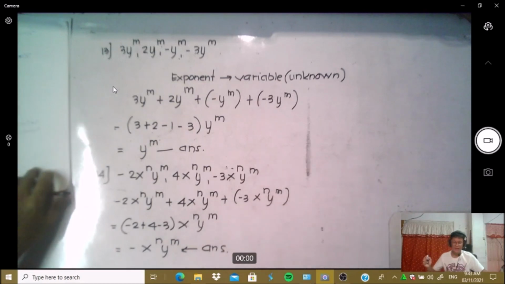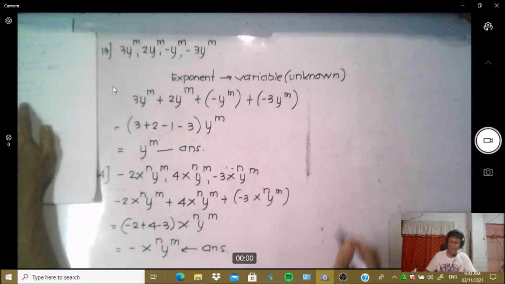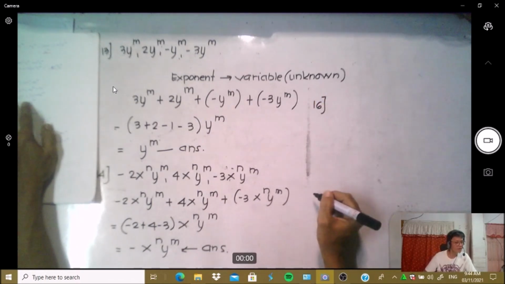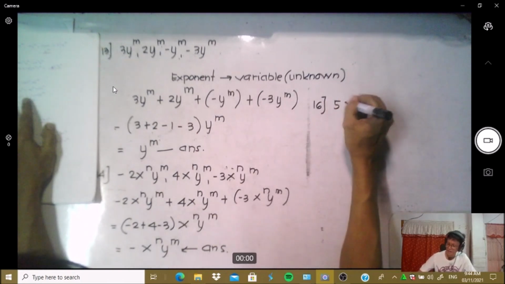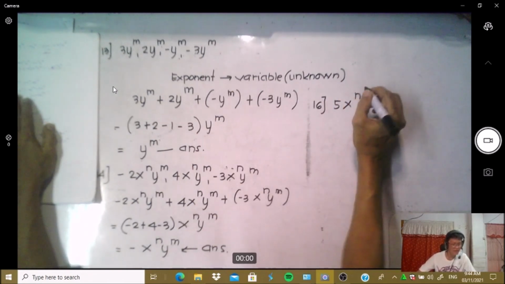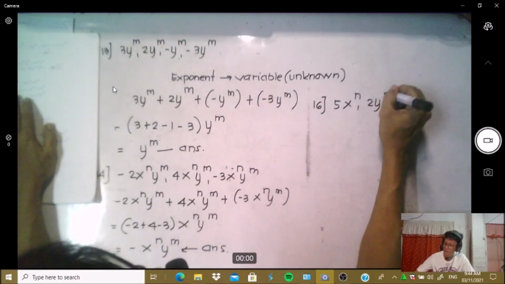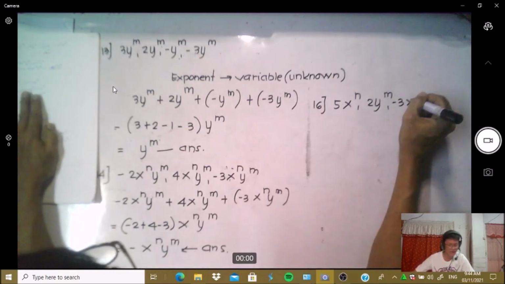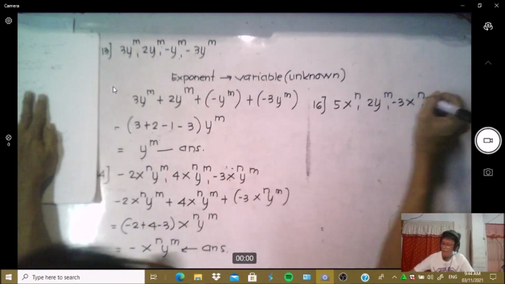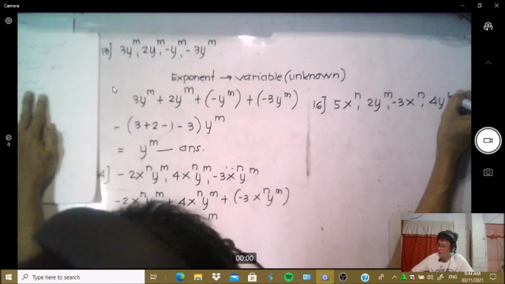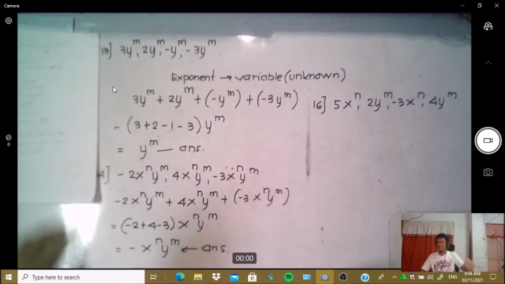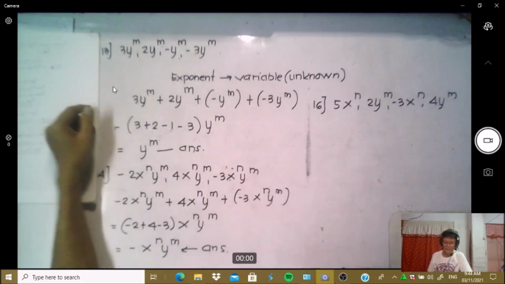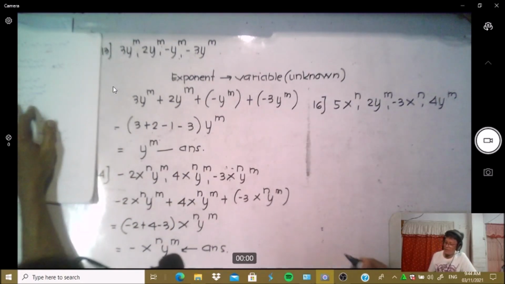Okay. For number 16, we have 5x raised to n, 2y raised to m, negative 3x raised to n, and 4y raised to m. So again, we have two variables with different exponents. So we have to arrange that alphabetically. We have to start with x.